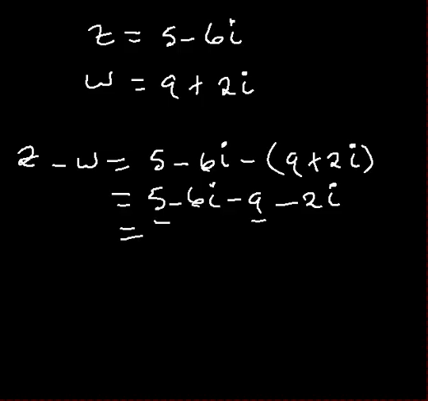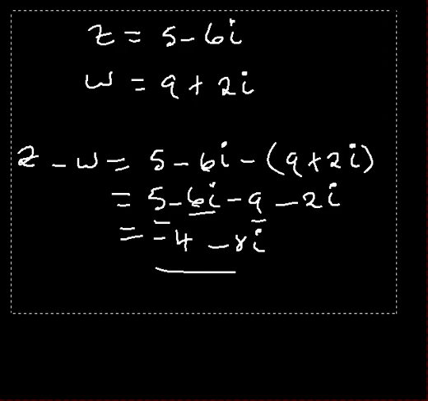Thus we should have negative 4, and negative 8i. So that's the principle behind the addition as well as the subtraction of complex numbers. And in the same case, what if we have a case like this?